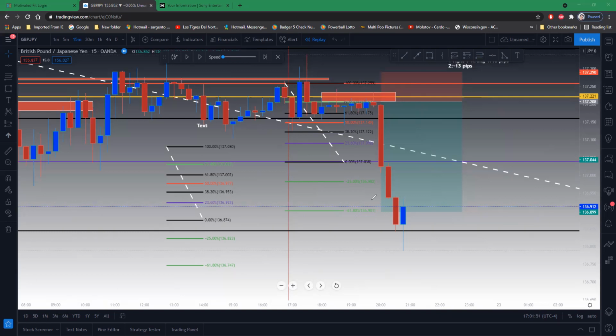So if we have big bullish candles and they are at the low and they are low volume, then we start looking for support to look for buys.